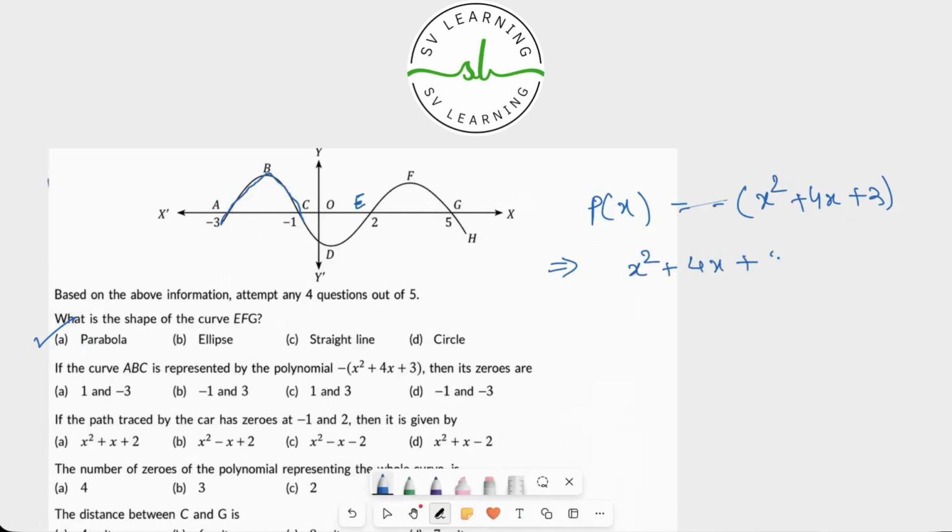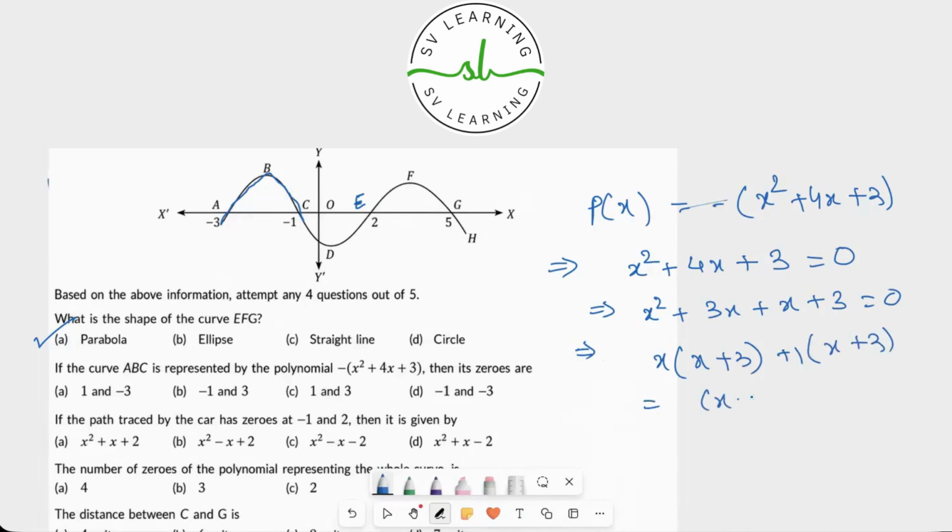So you will get x square plus 4x plus 3 as 0. And then this is very easy. x square plus 3x plus x plus 3, or you can say x into (x plus 3) plus 1 into (x plus 3). So we'll get x as minus 3 and minus 1. These will be the zeros.